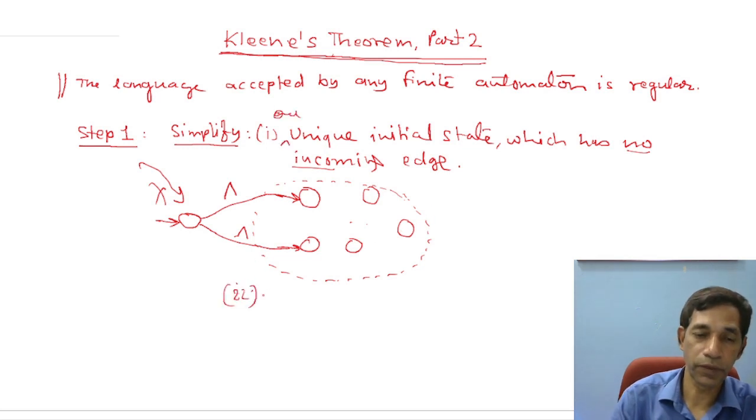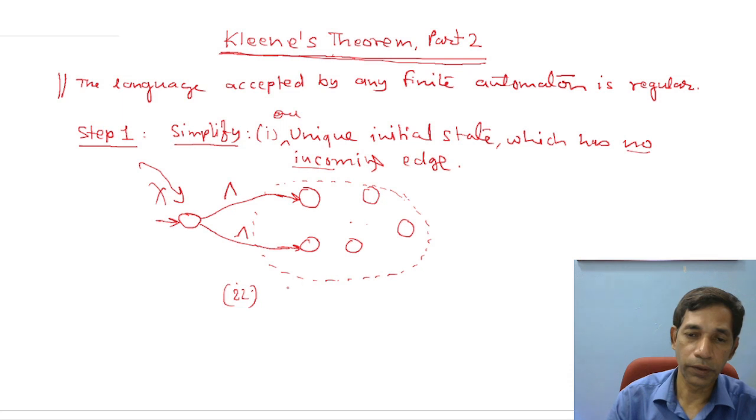The second simplification you can do is when your machine has more than one final state. In a final state you may have some edges which are entering, which are incoming, and some edges which are outgoing or exiting.